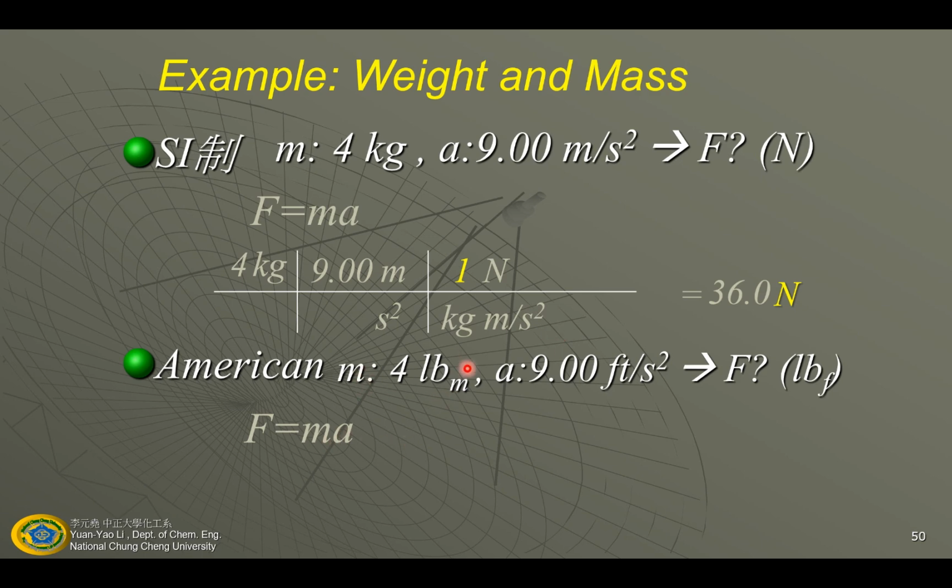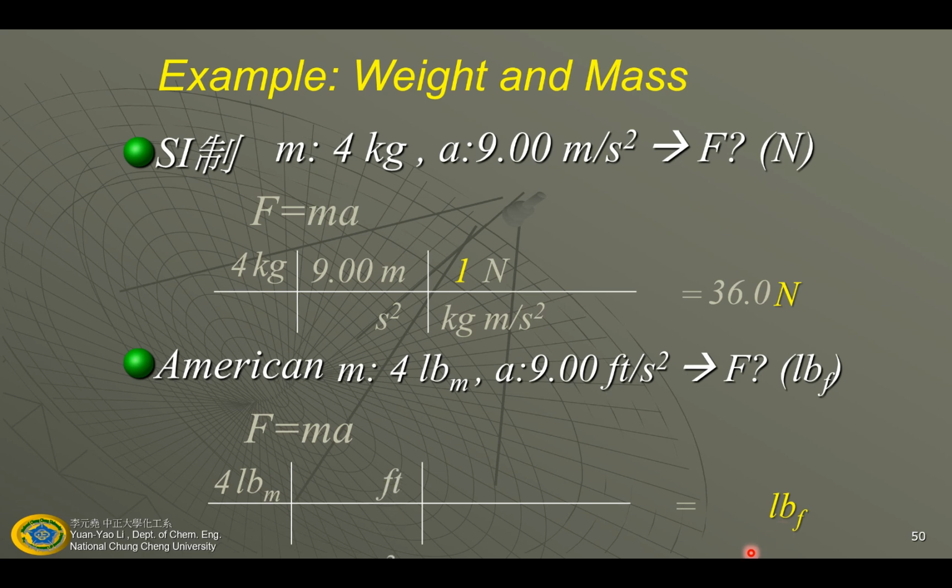However, if we use the same value but a different unit, for 4 pound mass, acceleration is 9.00 feet per second squared. And I want you to convert to pound force. If you use the dimensional equation, you'll realize you have to convert pound mass to pound force.